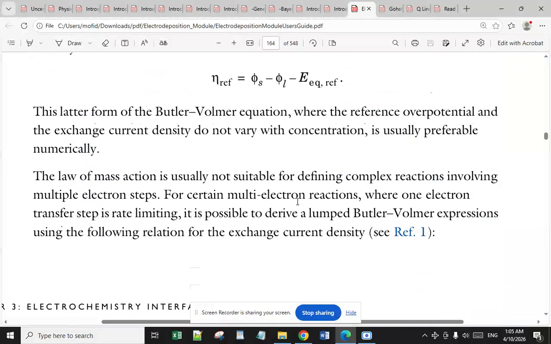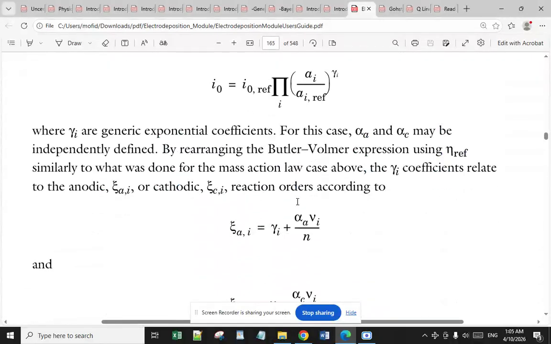The law of mass action is usually not suitable for defining complex reactions involving multiple electron steps. For certain multi-electron reactions where one electron transfer step is rate limiting, it is possible to derive a lumped Butler-Volmer expression using the following relation for the exchange current density. See the first reference.